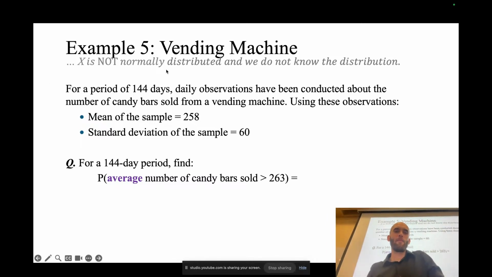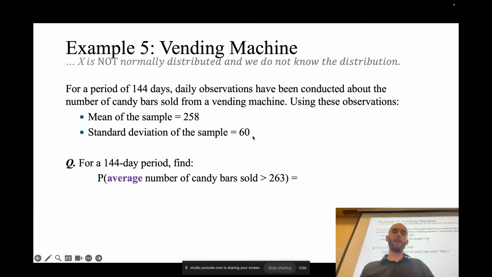So let's say we observe, for 144 days, the number of candy bars that are sold from a vending machine. So we have a sample mean, but we don't know this to be the true mean.